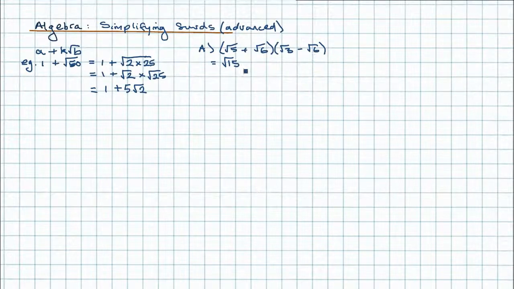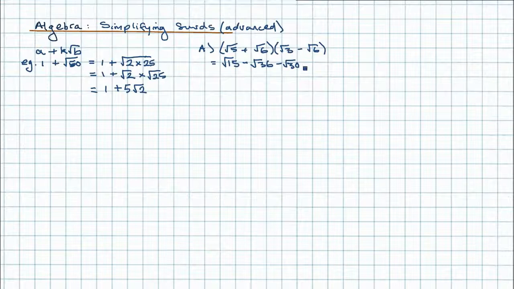Well, that's going to be negative root 36, which of course simplifies to 6. So the square root of 36 is 6, so it's going to be minus 6. But let's do the rest. So the outer: root 5 times root 6, minus root 30.